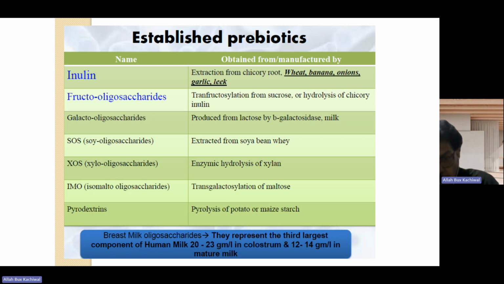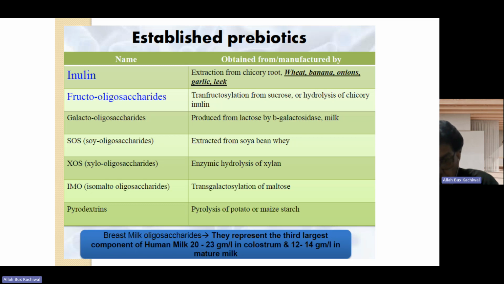Xylo-oligosaccharide is made by enzymatic hydrolysis of xylan, whereas isomalto-oligosaccharide is made by transglucosylation of maltose, and the pyrodextrin is made by pyrolysis of potato and maize starch.